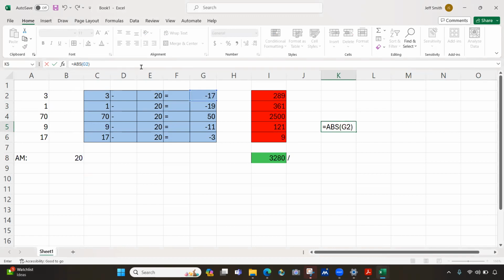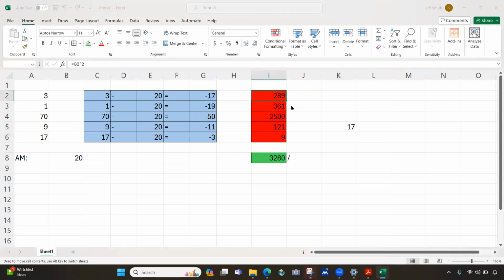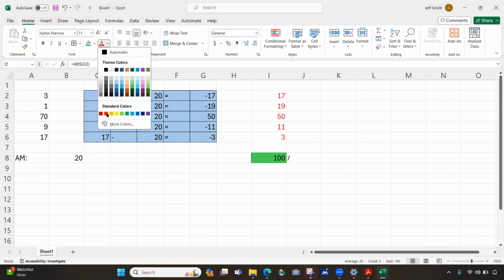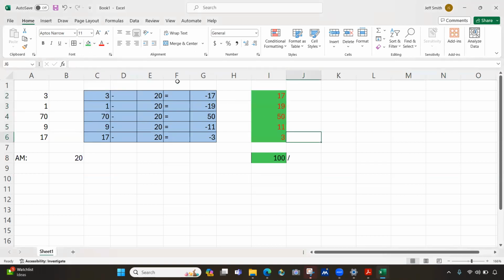The absolute value of negative 17 is positive 17. And these are my absolute values. You're basically ignoring the negative sign. I'm going to make this box red.